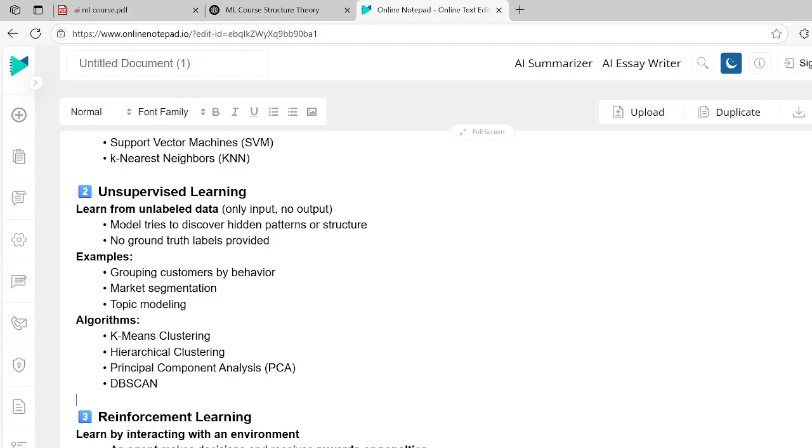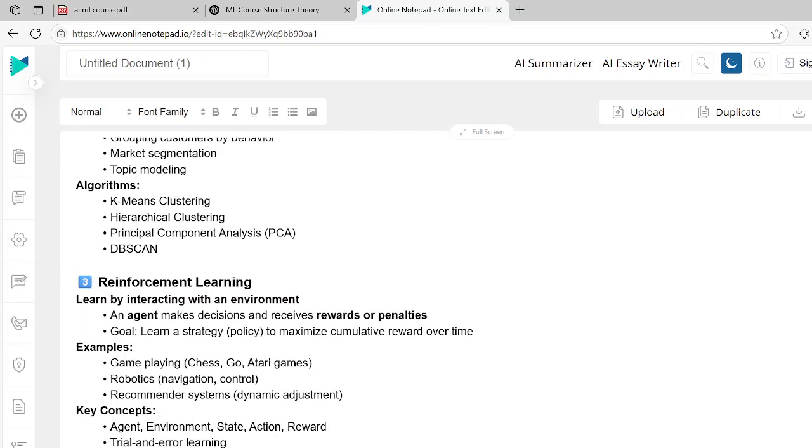These are the basic examples to show you unsupervised learning. Then we have some algorithms that support it: k-means clustering, hierarchical clustering, principal component analysis, which is PCA, and DBSCAN.